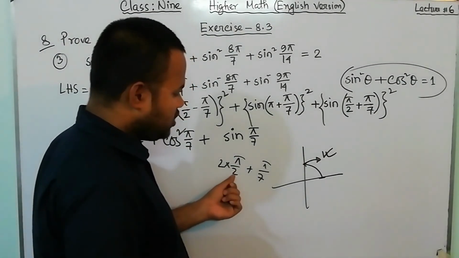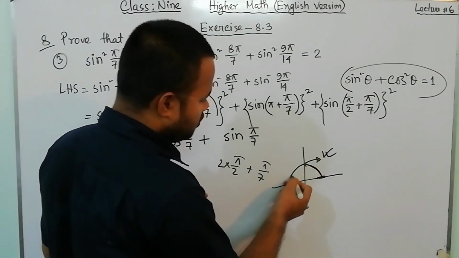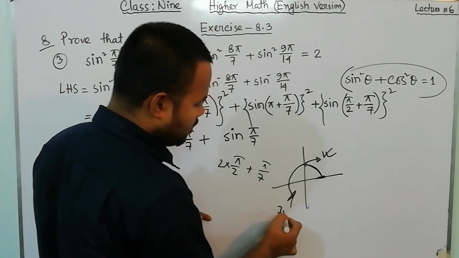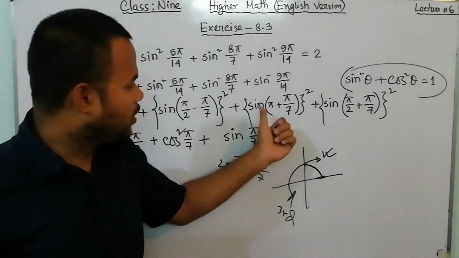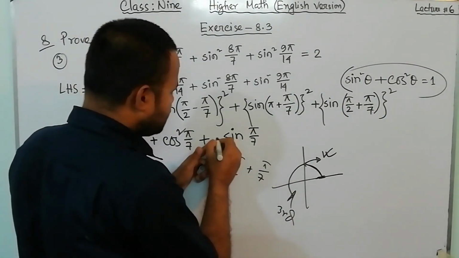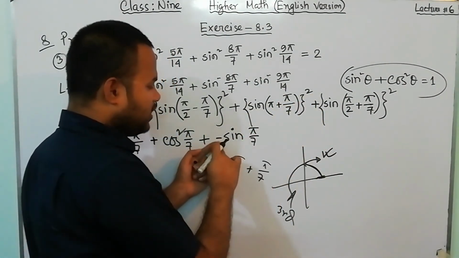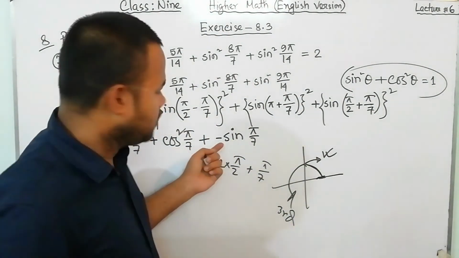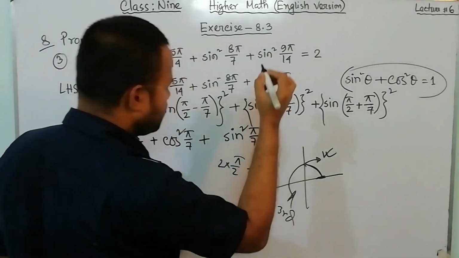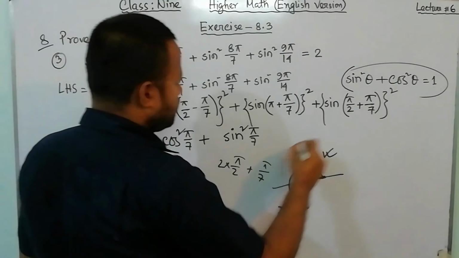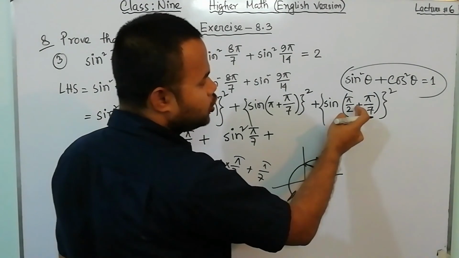That is 180 plus theta. If we start from here, then we have 180, 180 plus theta, that is in the third quadrant. In the third quadrant, the value of sine is negative, so we have to put a negative sign here. But because of this square, this negative sign will convert into positive, so we don't need to write minus here, just put square here.